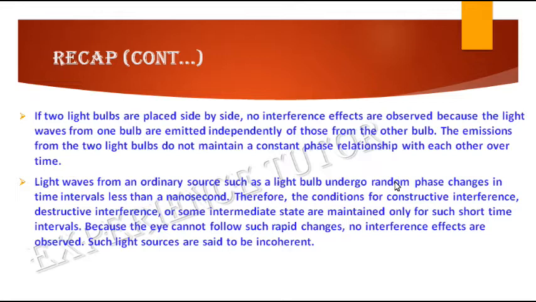Therefore, the conditions for constructive interference, destructive interference, or some intermediate state are maintained only for such a short time interval, that is, less than a nanosecond. Because the eye cannot follow such rapid changes, no interference effect is observed. Such light sources are said to be incoherent sources.